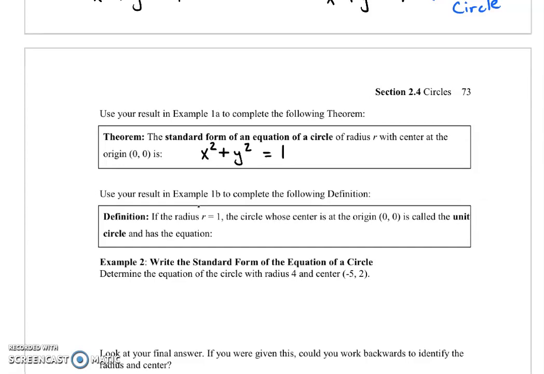Because our center is (0, 0), and as we demonstrated just a minute ago, that doesn't change the equation at all. And for our unit circle, which we've already mentioned, that is x squared plus y squared equals 1.